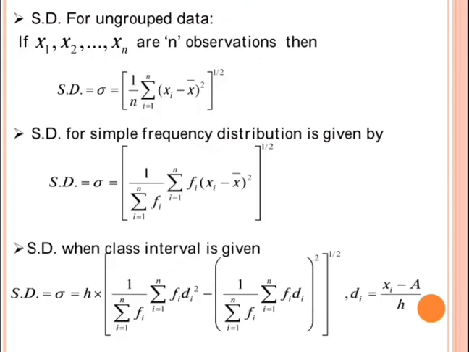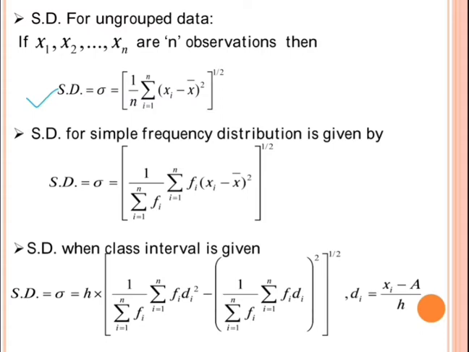Now let us see some of the formulas for various observations. If x1, x2 up to xn are n observations, then standard deviation sigma is equal to (1 upon n, where n is the number of observations, into the sum of (xi minus x bar) whole square) raised to 1 by 2, and x bar is the arithmetic mean of the given data.